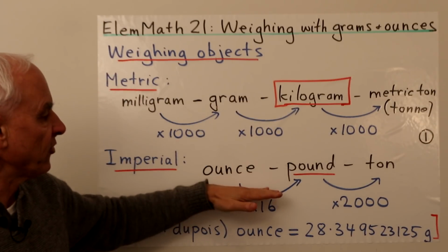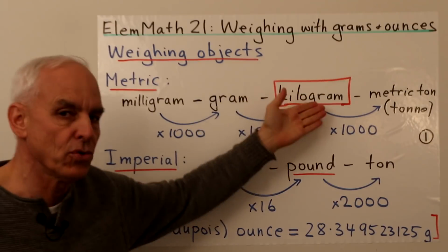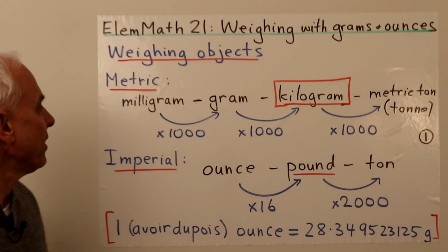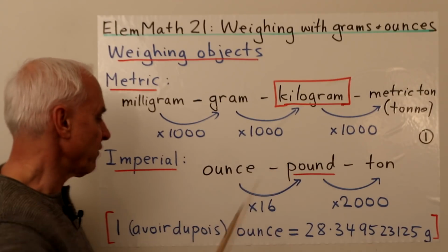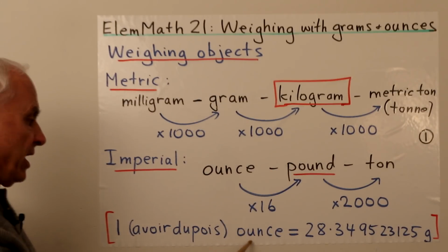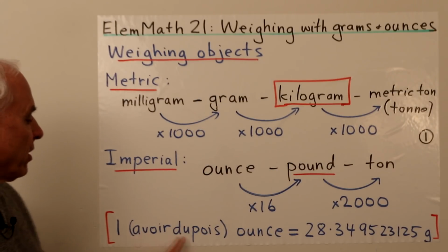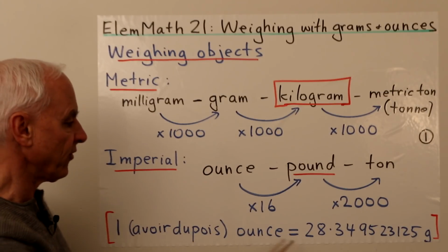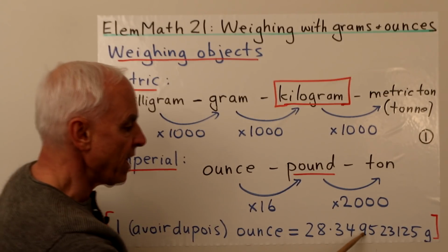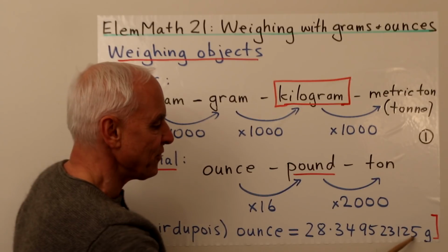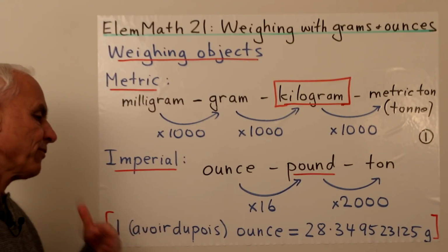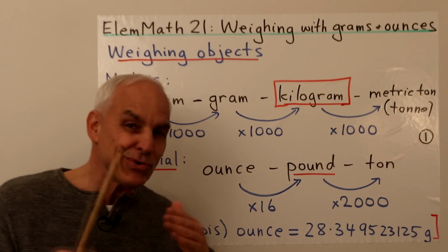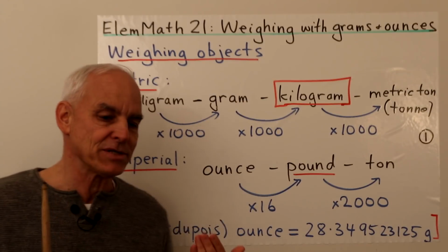And the imperial system these days is pegged to the SI, or the metric system. So for example, the actual definition of an ounce, that 1 avoirdupois ounce is 28.349523125 grams.